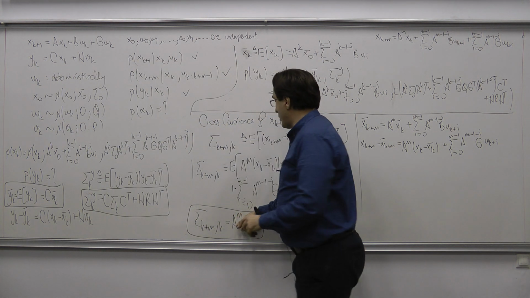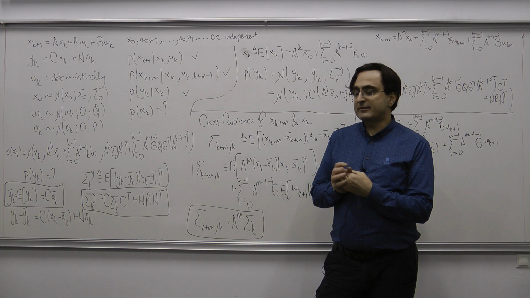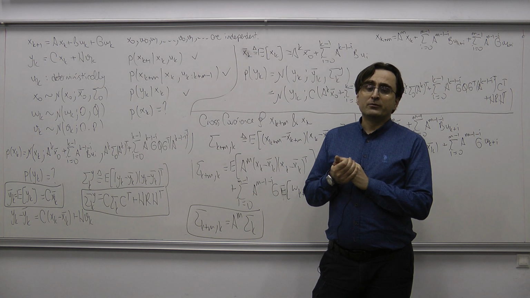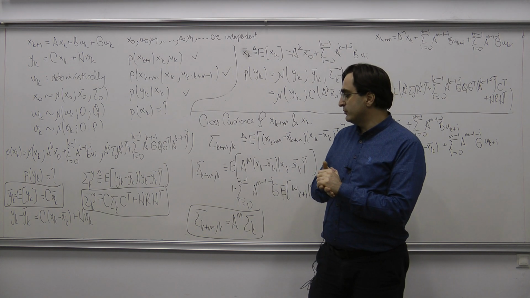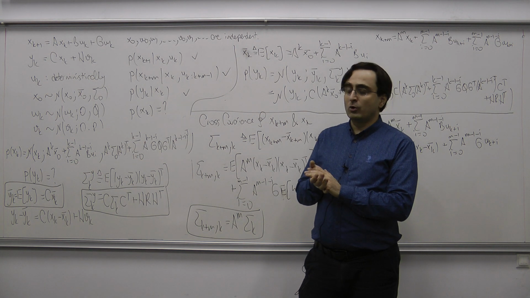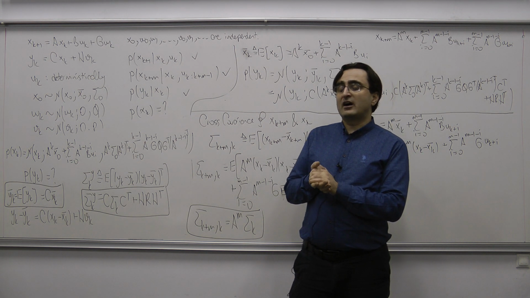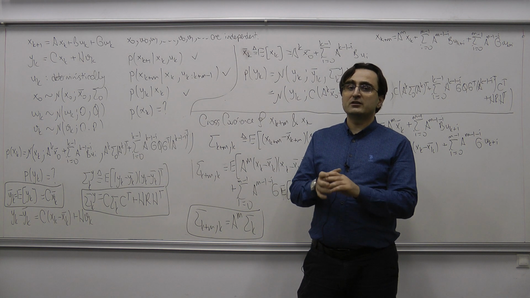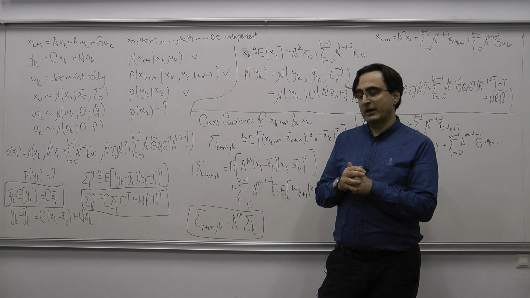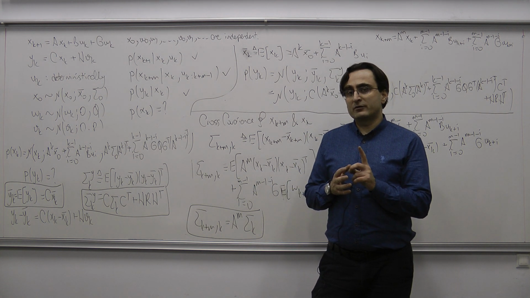And we are going to see when a to the m would go to 0 as m goes to infinity. So we are going to define a condition of stability of a matrix. In that case, we are going to call the A matrix stable if and only if all of its eigenvalues are strictly inside the unit circle in the complex plane. Remember, eigenvalues are always complex quantities.